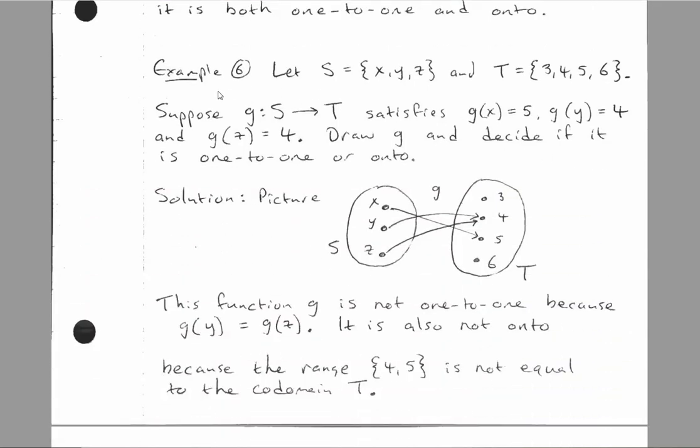All right, let's look at example 6 where things don't work out as nicely. So this time the domain S is equal to these letters, X, Y, Z. The codomain is 3, 4, 5, 6.